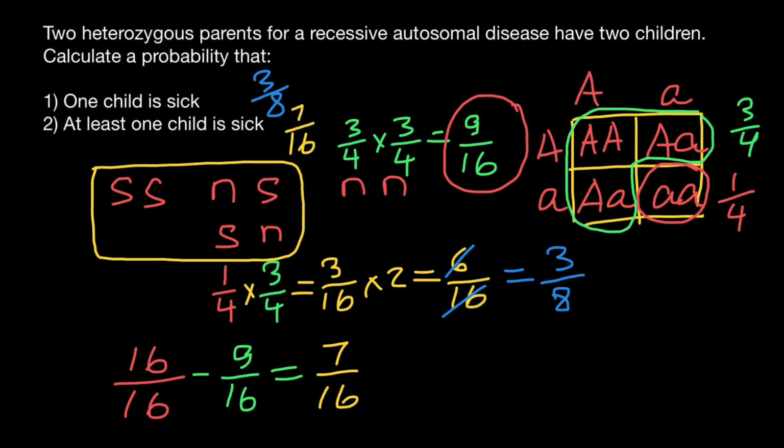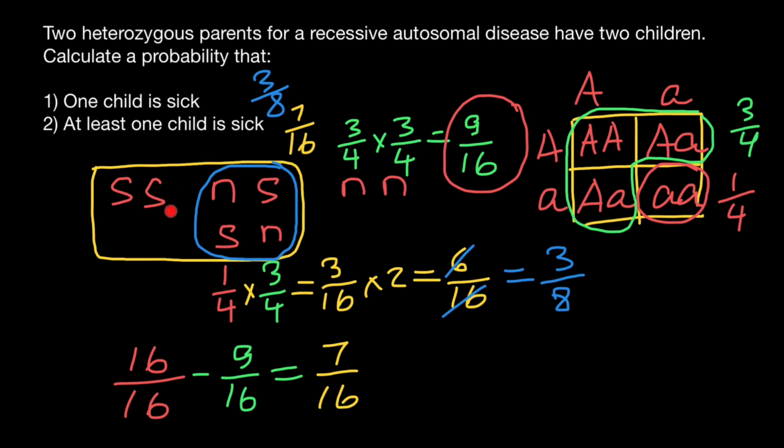One more time, the probability that exactly one child is going to be sick is 3/8, or we also can say 6/16. And the probability that at least one child would be sick, which means he belongs to this group, would be 7/16. We also can calculate it as follows.